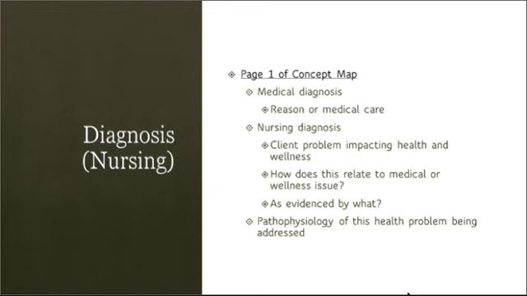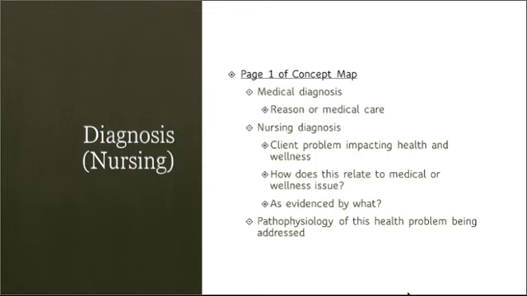So you're looking at this patient that came in with, we're going to go with pneumonia, and I'm going to break it up as we go along. You have your medical diagnosis of pneumonia. Your nursing diagnosis, the client problem impacting health and wellness, would be what?